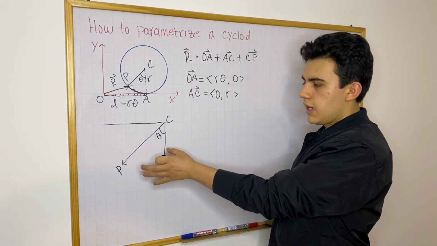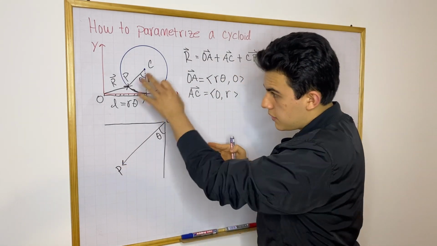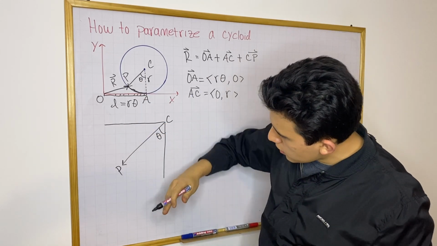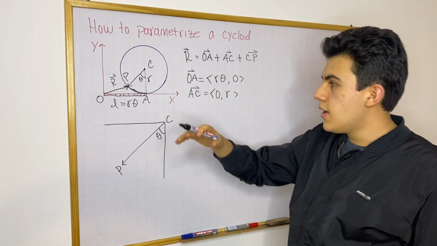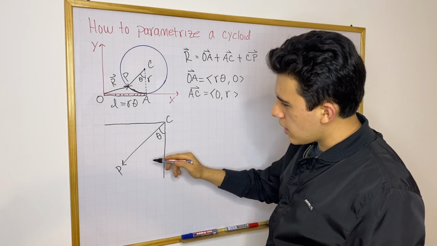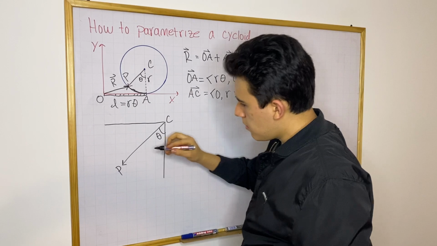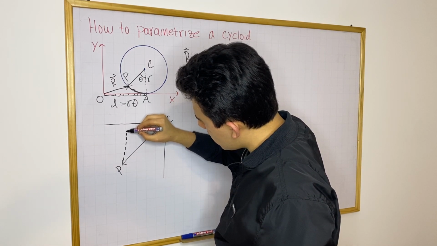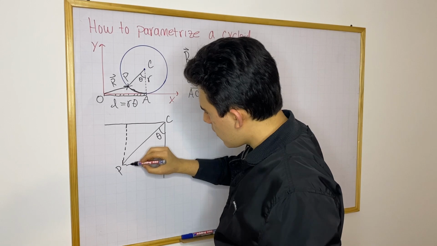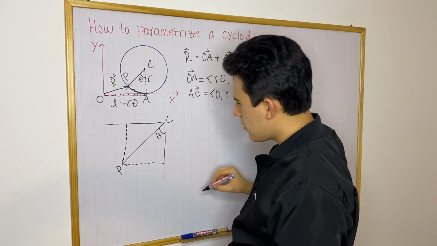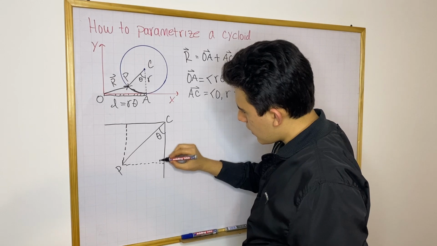Now I'm just grabbing a section of this diagram. We know CP gives us a circle, so this is pretty much a right triangle. If you draw its components, you have this vertical component and your horizontal component, and of course you have right angles here.